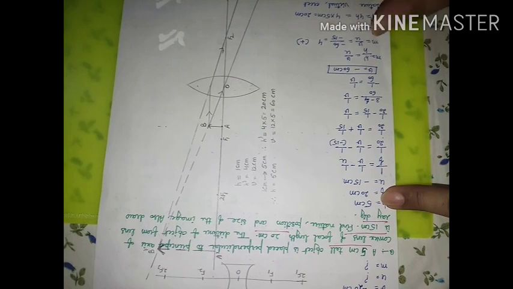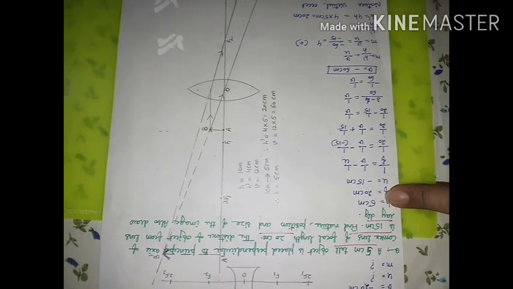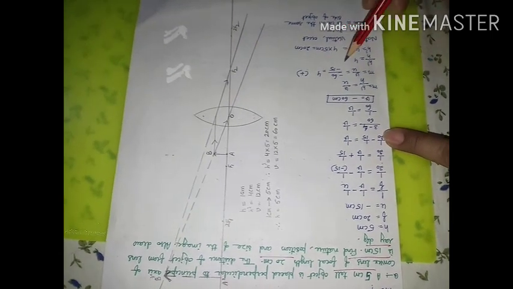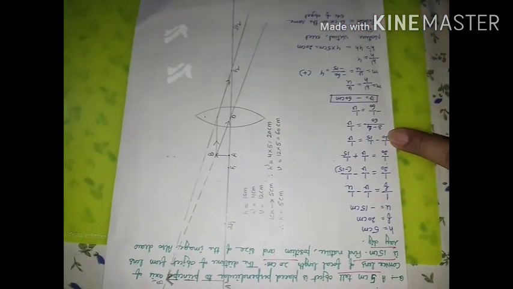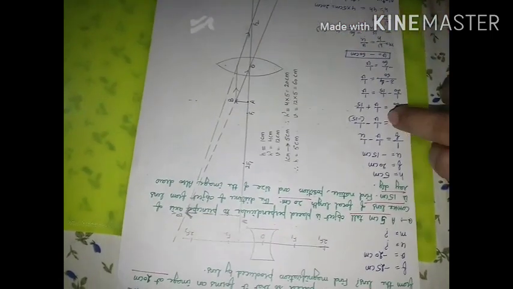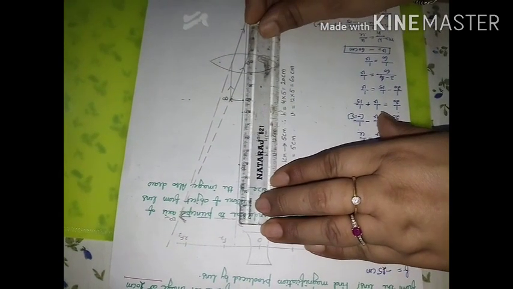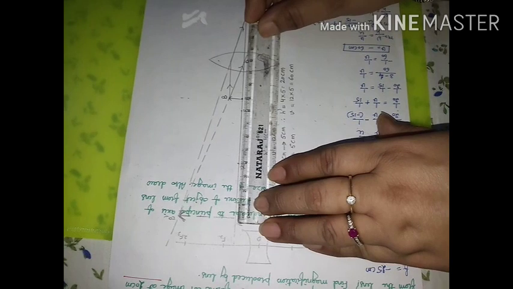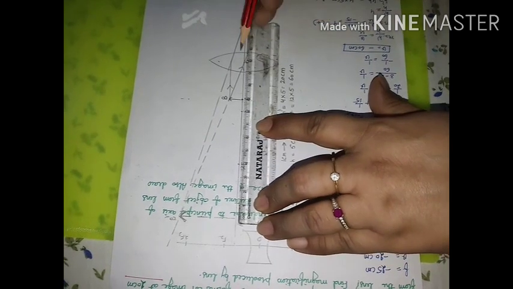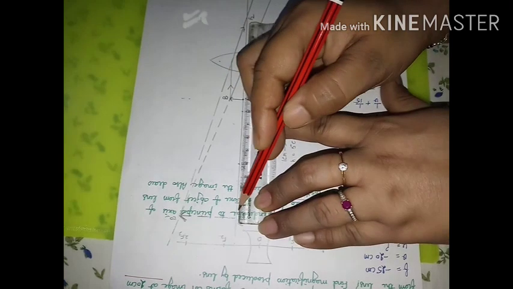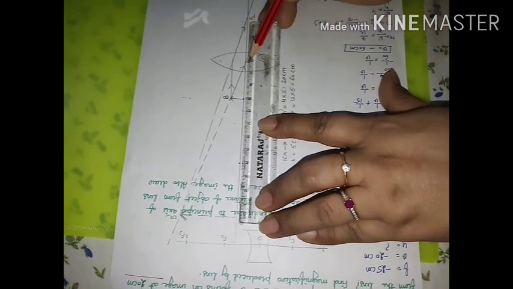If your diagram is exact, then whatever your calculations are with the help of numerical, the same value will come out here also. If I find here the distance of image from optical center, this distance is coming out to be 12 centimeter.